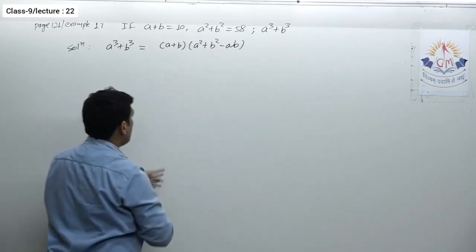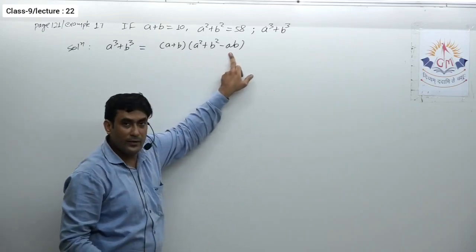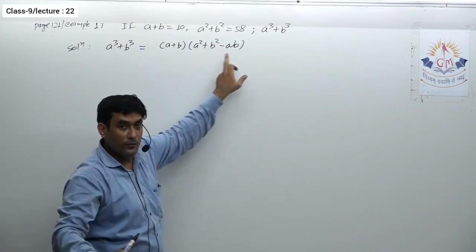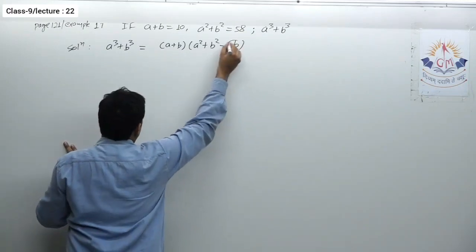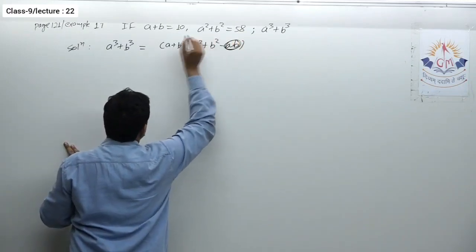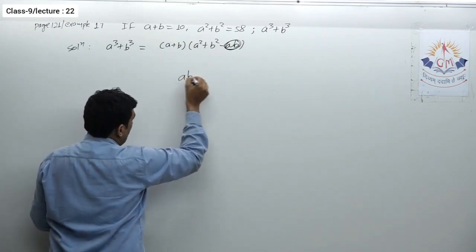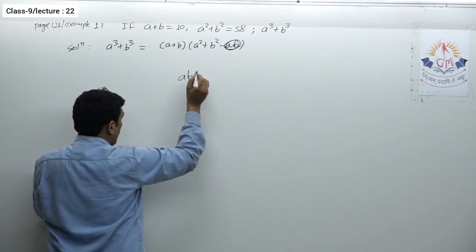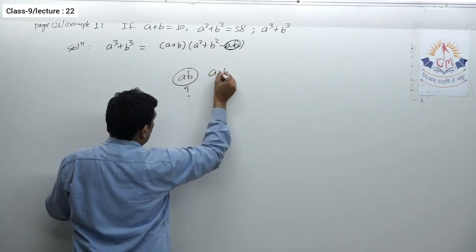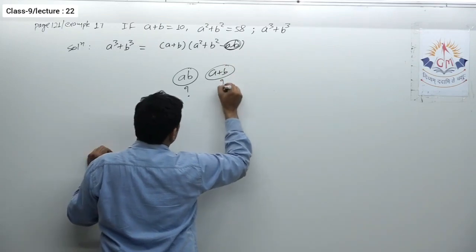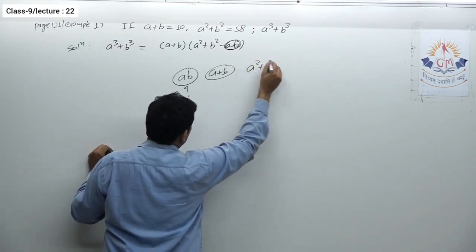Before I start putting the values in the given expression, first I will go for ab. I'll find ab. Now what should come to your mind: ab we have to obtain, a plus b is given, as well as a square plus b square is given.